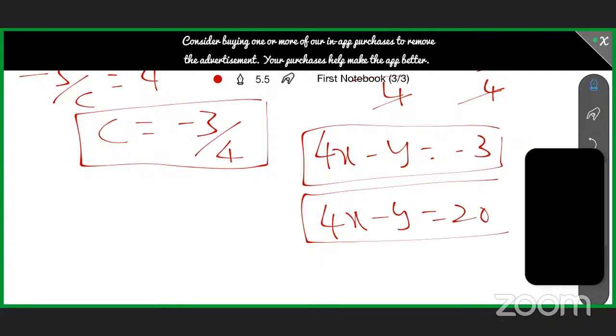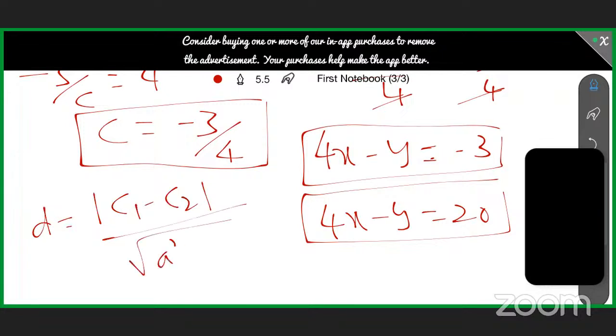What they have given is two parallel lines. Now you have to find the distance between these two parallel lines. Tell me. I have written a formula on the board for those of you who don't know it. Tell me. Root 17, sir.